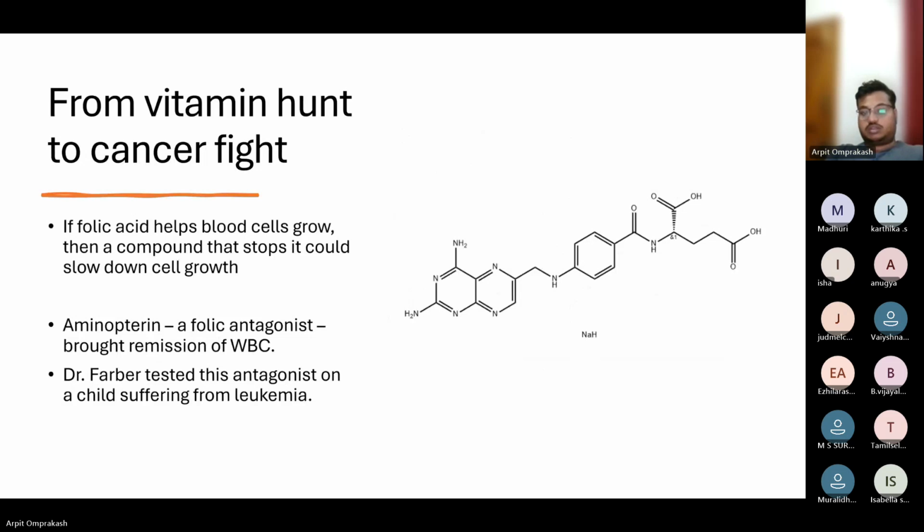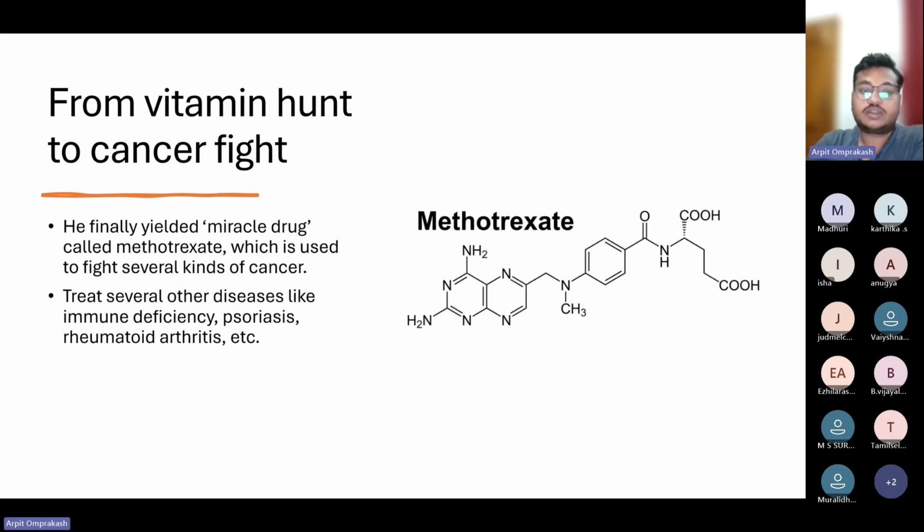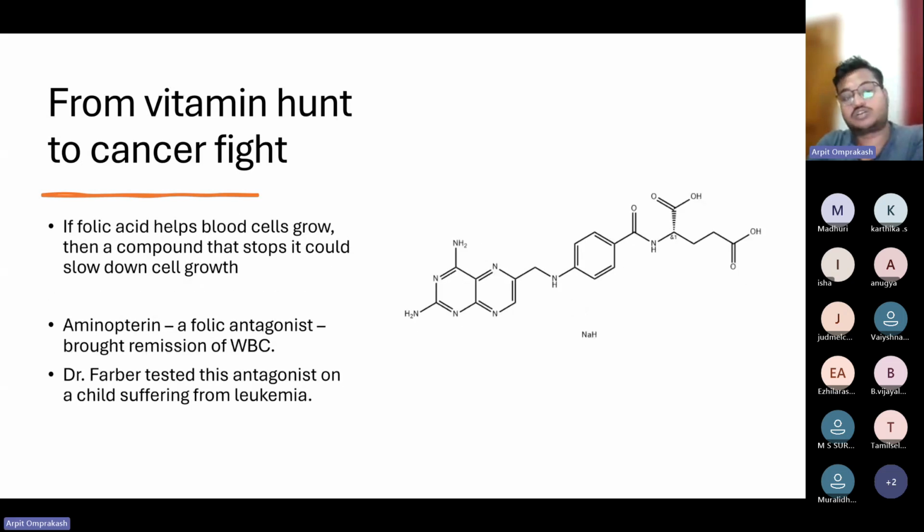In looking for a compound like that, he found aminopterin, which was a folic acid antagonist and which brought about remission of WBC in leukemia patients. Dr. Farber tested this on a child suffering from leukemia and it brought remission of WBC. But this was still a bit toxic.